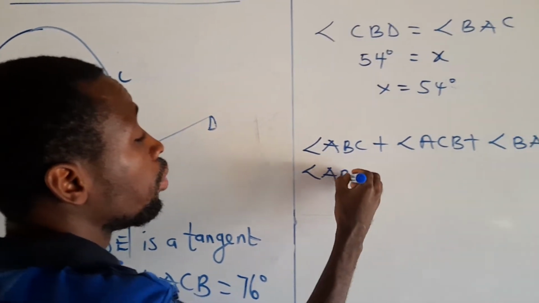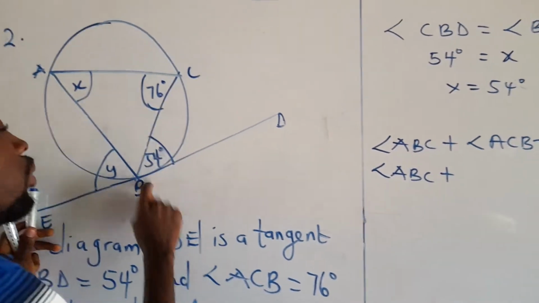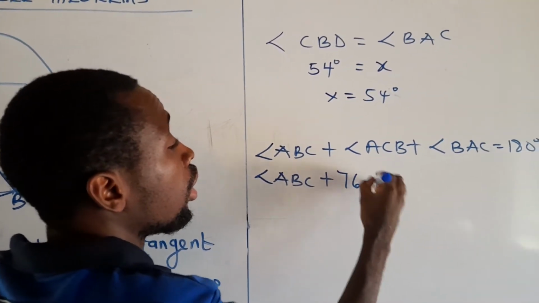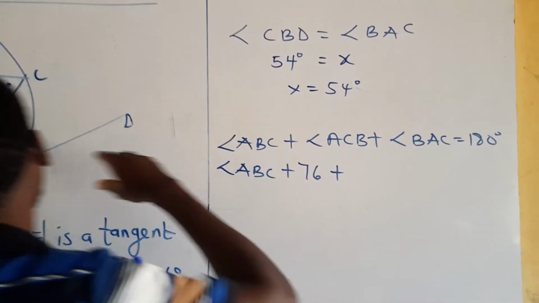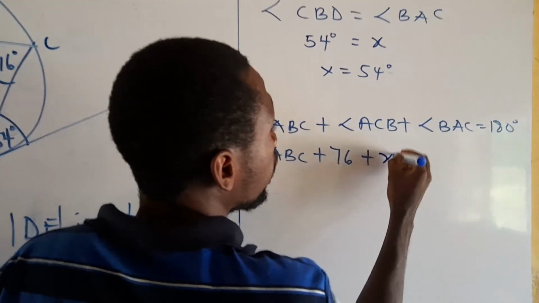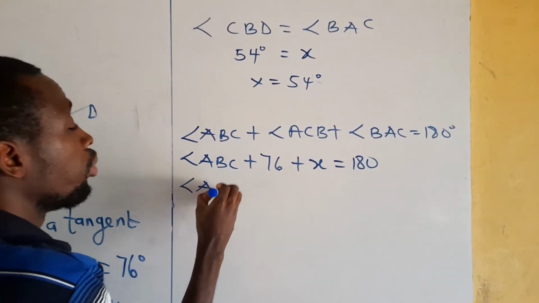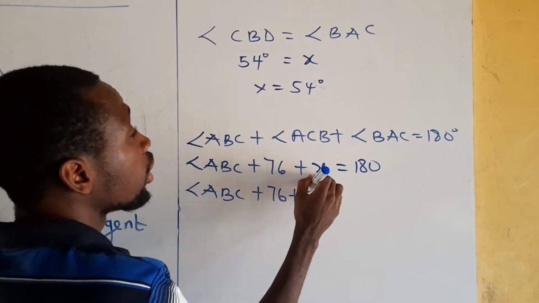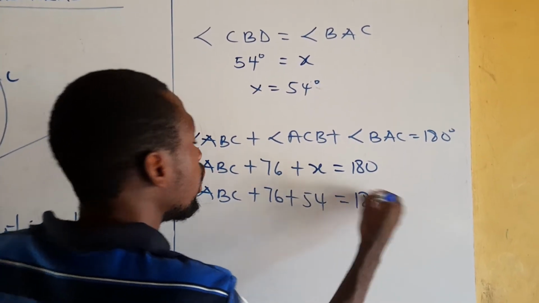So angle ABC plus angle ACB, ACB is 76, so that's 76, plus angle BAC. BAC is x, which is 54, will be equal to 180 degrees.